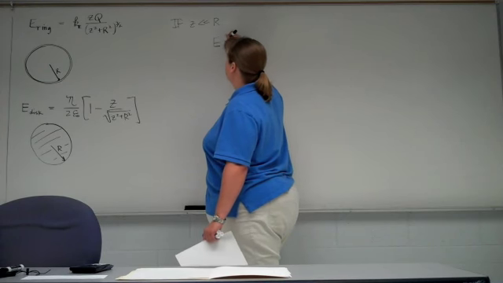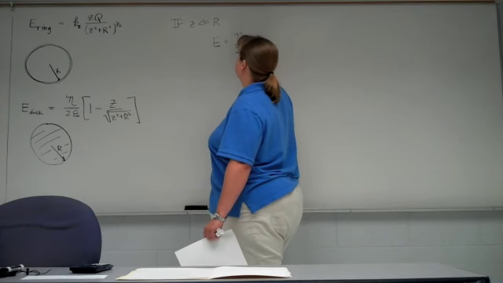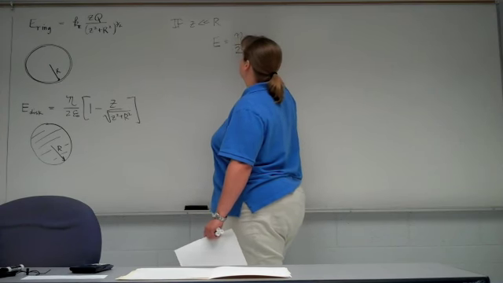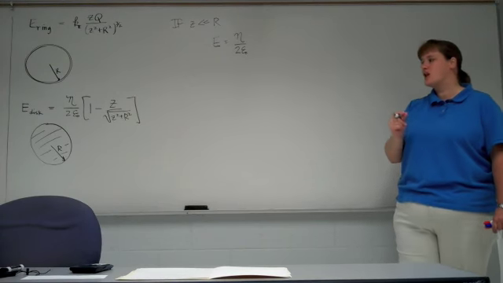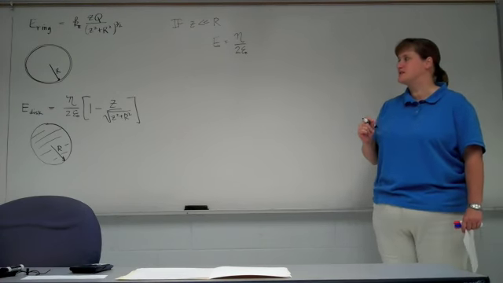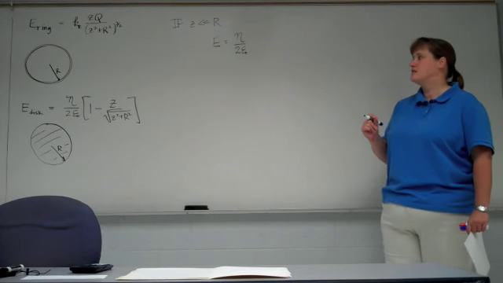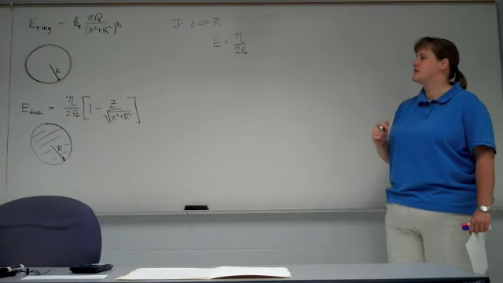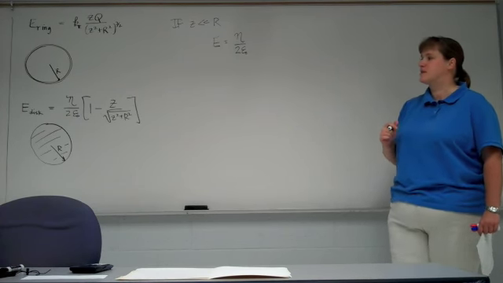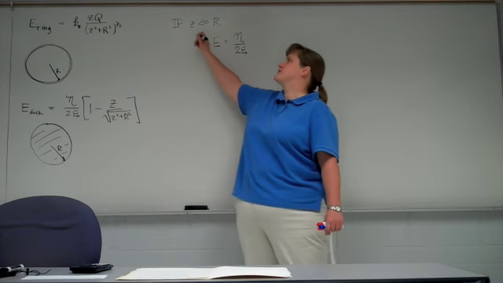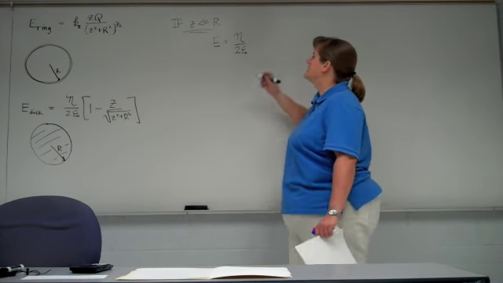And we get E is equal to eta over 2 epsilon naught. So as long as you are close to the center of that disk, the electric field ends up not depending upon how far away you are. But that's only if you're close compared to the size of the disk.